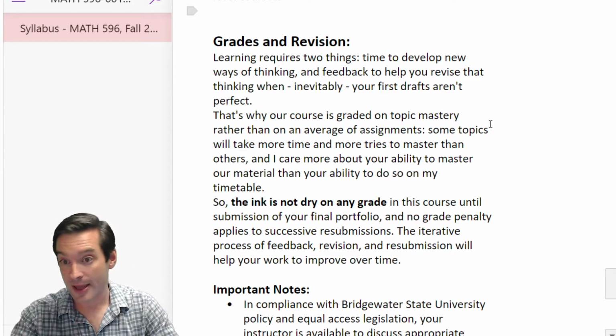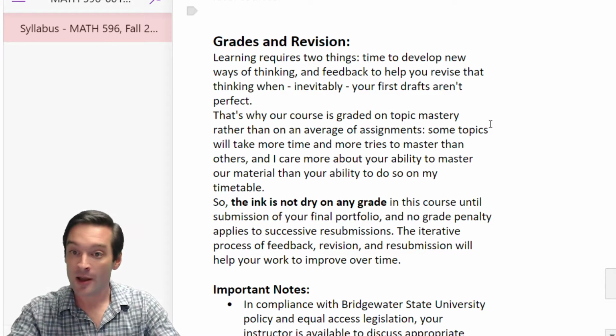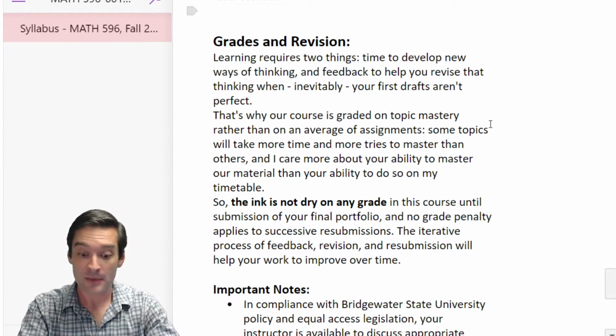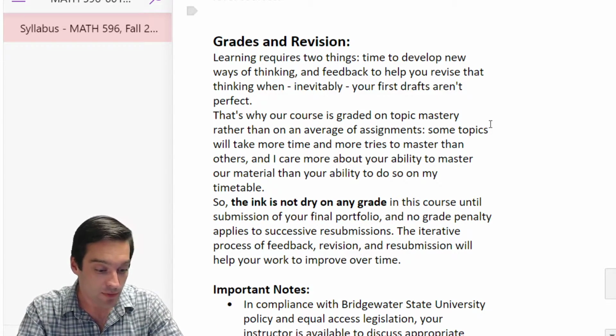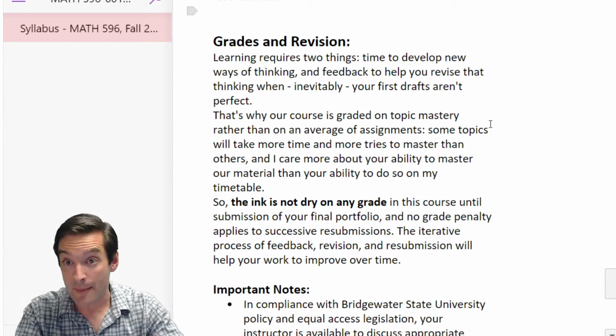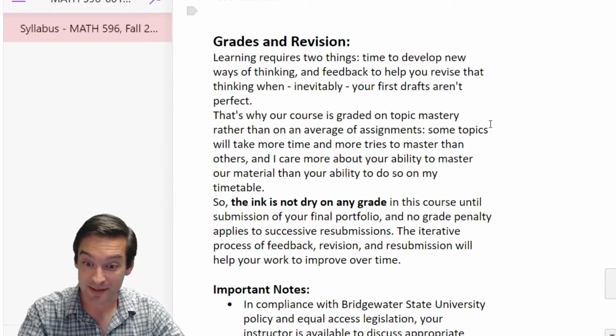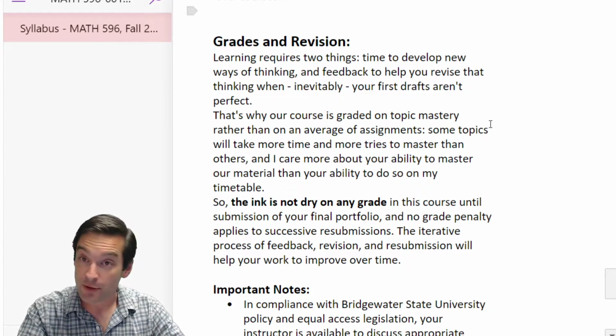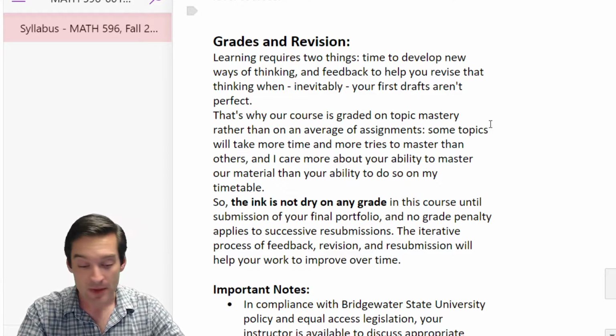You improve upon it, I look at it again and give you more feedback if you need it, until each of those areas is demonstrated proficient. That means there's no such thing as bombing a test in a standards-based philosophy. There are no bad grades, just not-yet grades, and then opportunities to revise and resubmit.